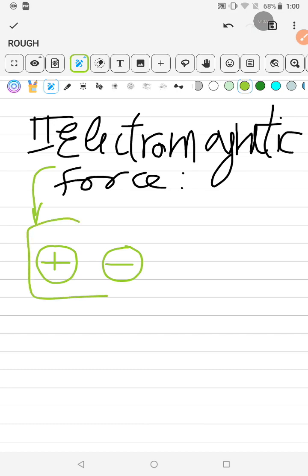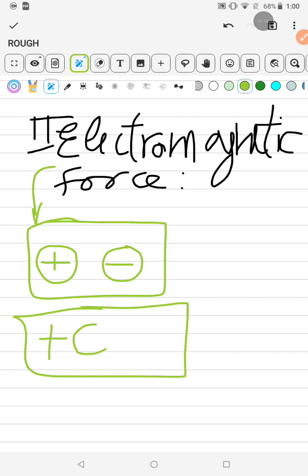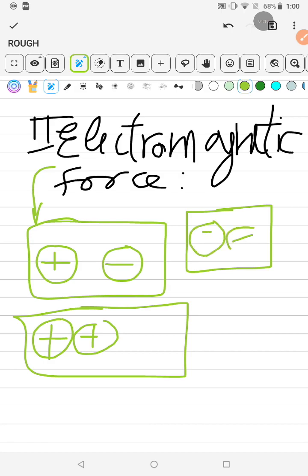It can be this case also, or this case also. Alright. So electromagnetic forces are generated between two moving charges, and it is generated due to electric field and magnetic field. Fine, that's an important note.